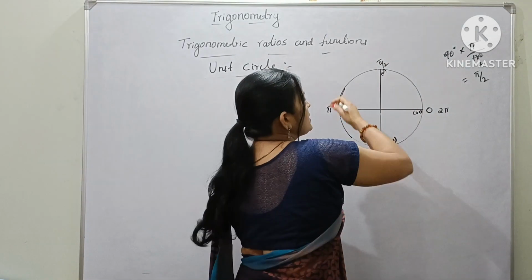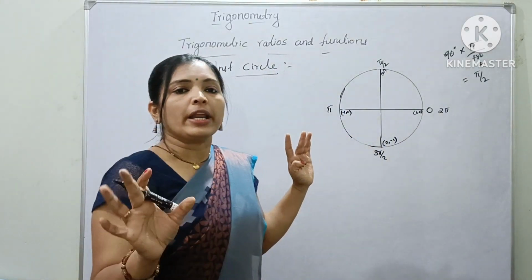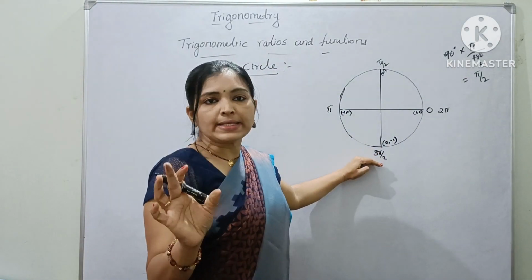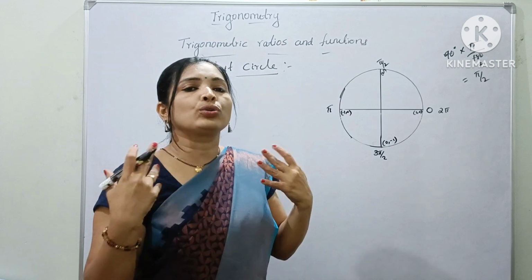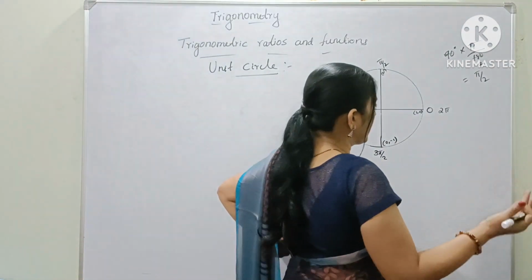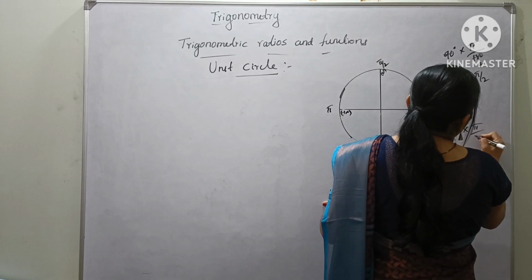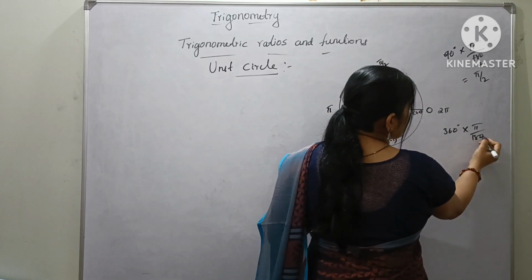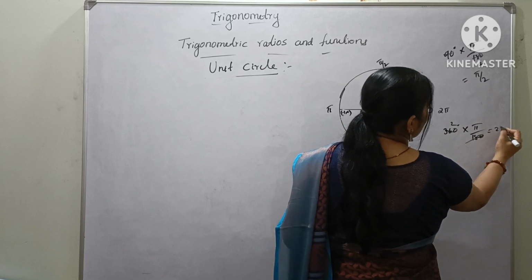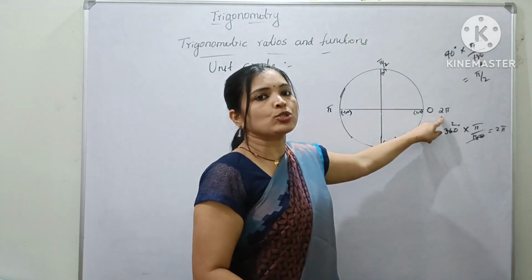That means one full circle, one complete revolution, is 360 degree. How to convert degree to radian? 360 degree into pi by 180 is equal to 2 pi. So here again it is 2 pi.